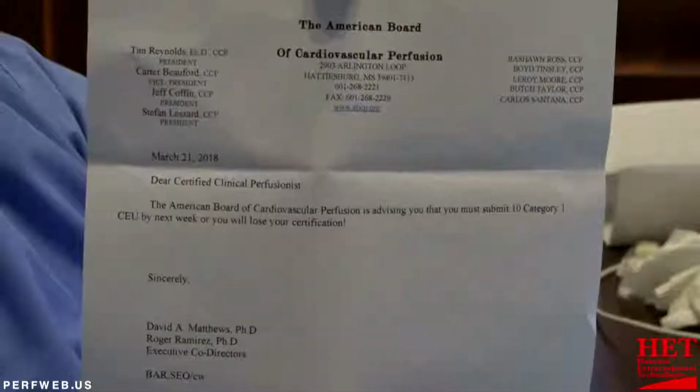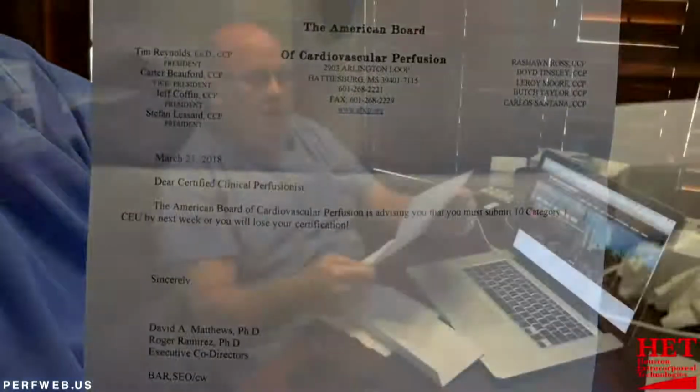Dear Certified Clinical Perfusionist, the American Board of Cardiovascular Perfusion is advising you that you must submit 10 Category 1 CEU by next week or you will lose your certification. Sincerely, Dave Matthews, PhD, Roger Ramirez, PhD, and the executive co-directors. Let me call my immediate supervisor, Stephanie, and ask her if I can go. This is perfect.